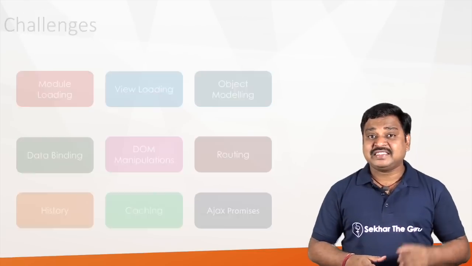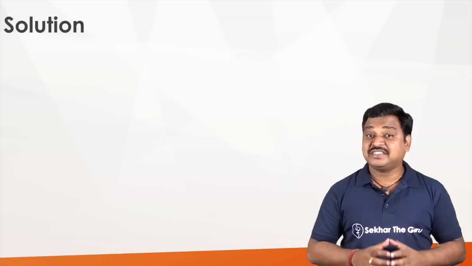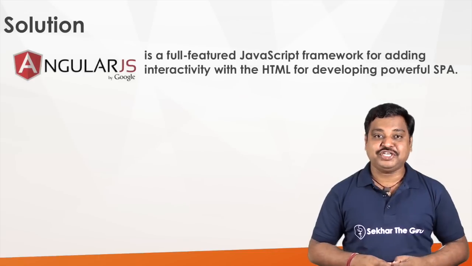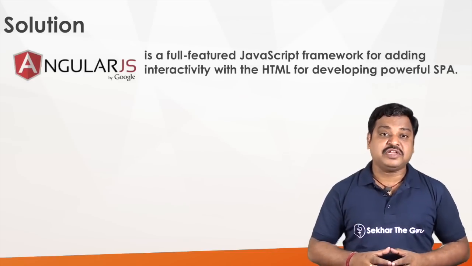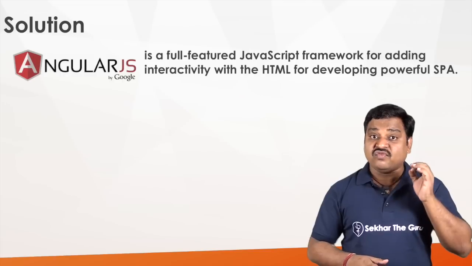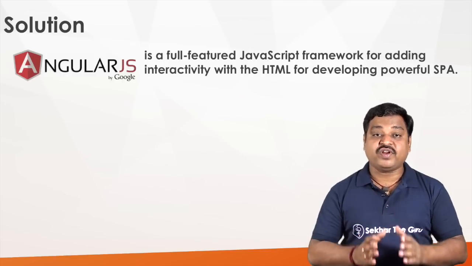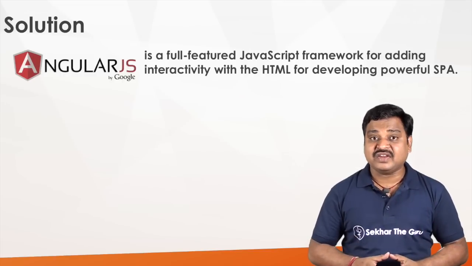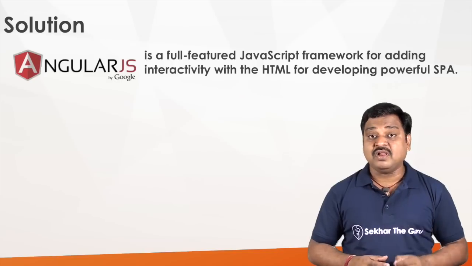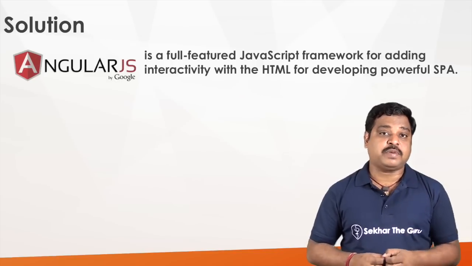Now let us understand the right solution for our requirement. I hope you have guessed it by now. That is AngularJS. So what is AngularJS? It is a full-featured JavaScript framework for adding interactivity to HTML for developing powerful SPAs.